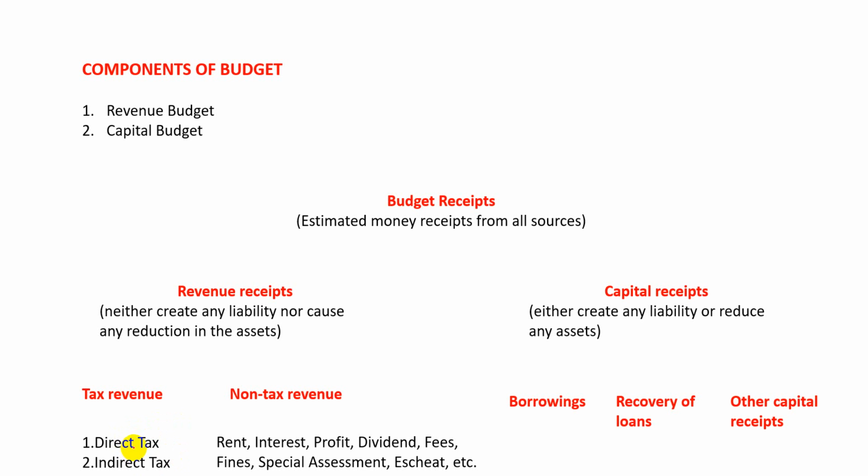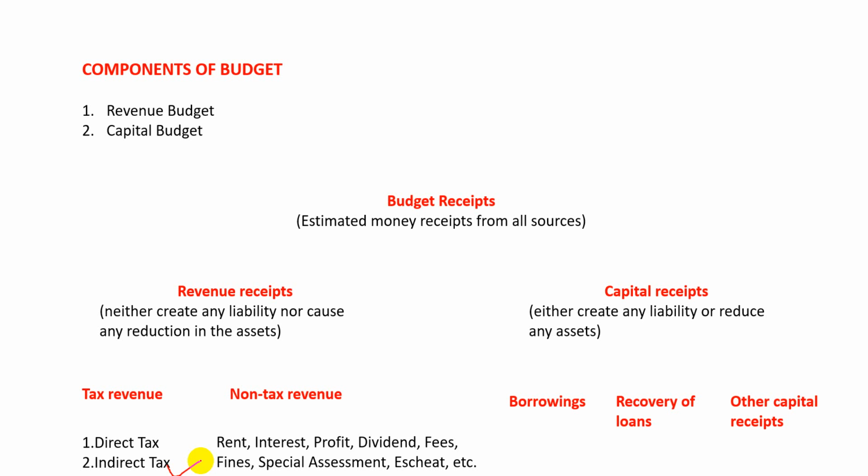Indirect tax: if the liability to pay a tax and its burden can be on different persons, it is called indirect tax. Therefore, the burden of indirect tax can be shifted onto another person.